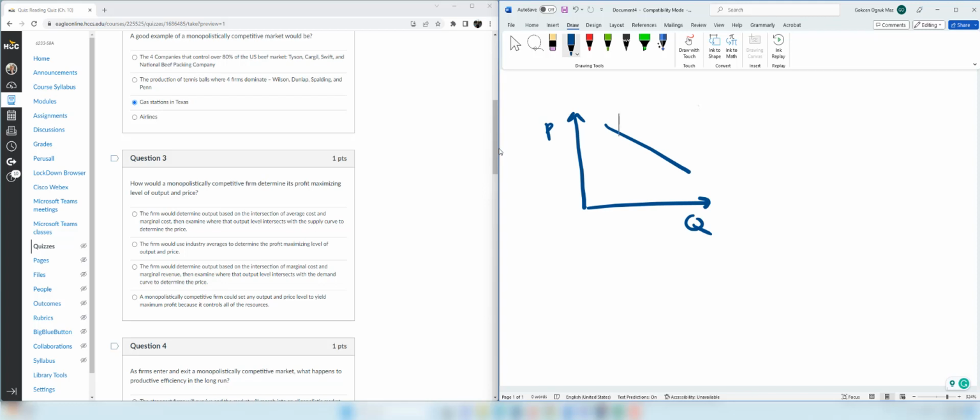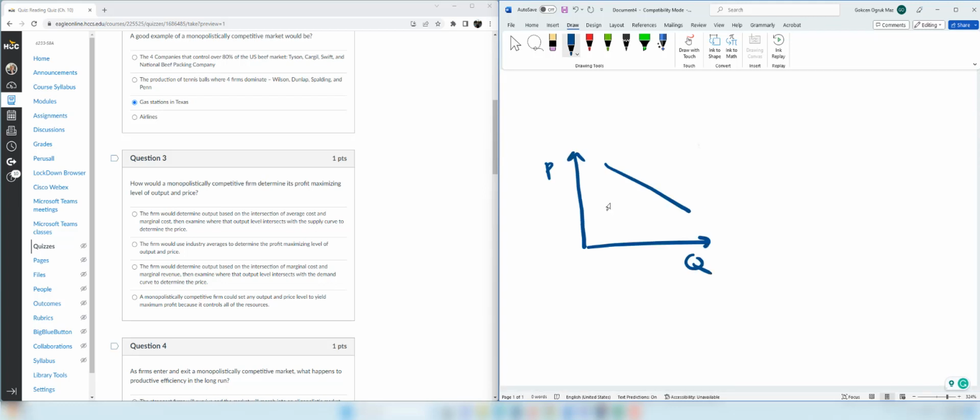That means by changing the quantity, the monopolistically competitive firm is able to sell at a higher or lower price. But still, there is competition, therefore the demand curve is more elastic. So we have this demand curve here, and then we have the marginal revenue curve, and then we have the marginal cost curve. And the monopolistically competitive firm determines the profit maximizing level very similar to a monopoly.